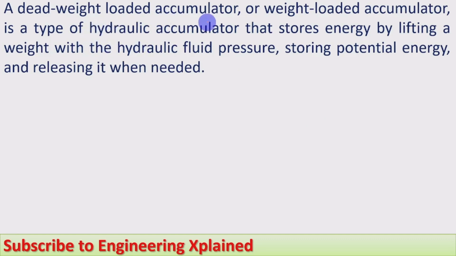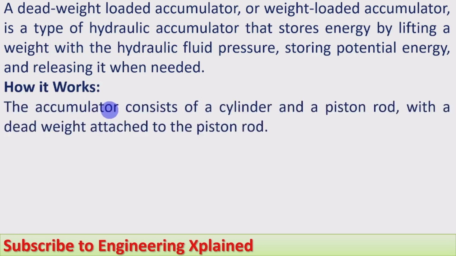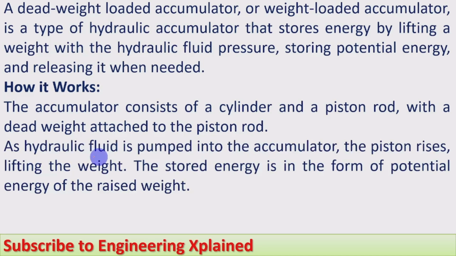A deadweight loaded accumulator, or weight loaded accumulator, is a type of hydraulic accumulator that stores energy by lifting a weight with the hydraulic fluid pressure, storing potential energy and releasing it when needed. How does it work? The accumulator consists of a cylinder and a piston rod with a dead weight attached to the piston rod.